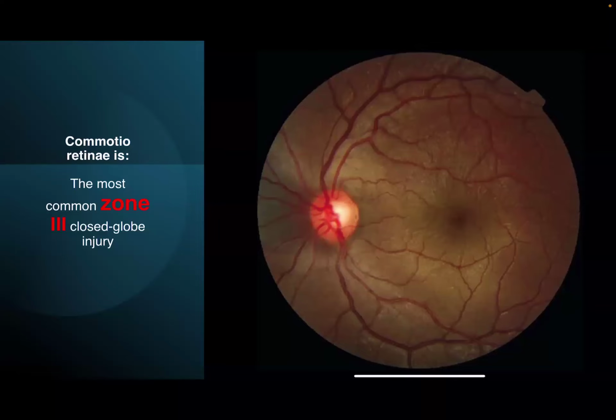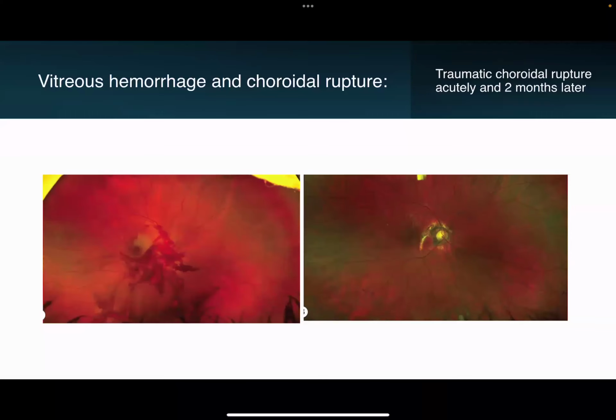We have to look carefully for any associated hole, retinal tear, retinal dialysis, or further hemorrhage. If not, the edema can go by itself, but many patients can end up with some visual loss as well, unfortunately.